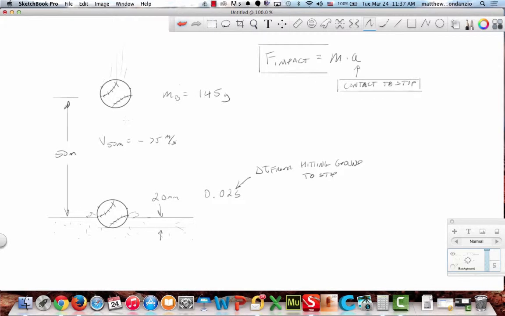I can calculate this a couple of ways. What's the first way to calculate acceleration?